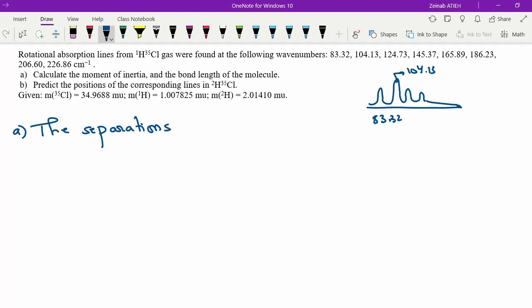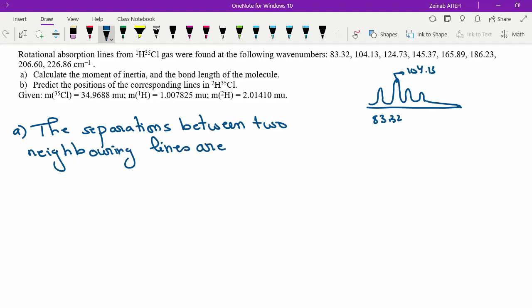The separations between two neighboring lines are, between the first and the second, it was found to be 20.81 centimeter minus 1.